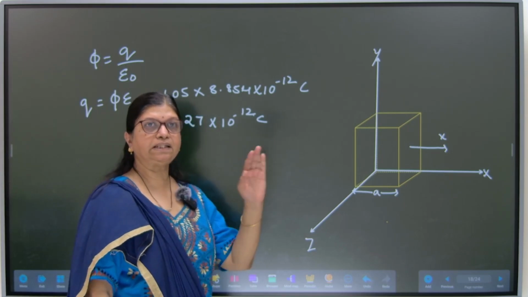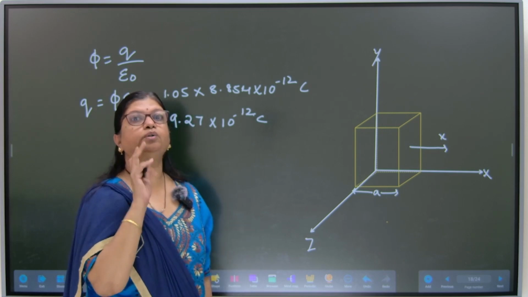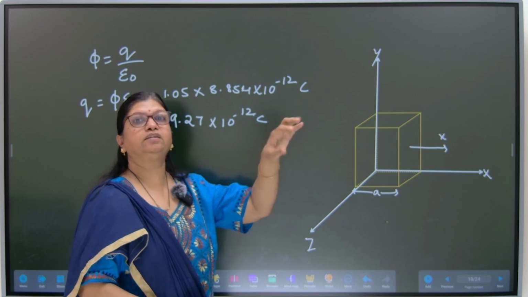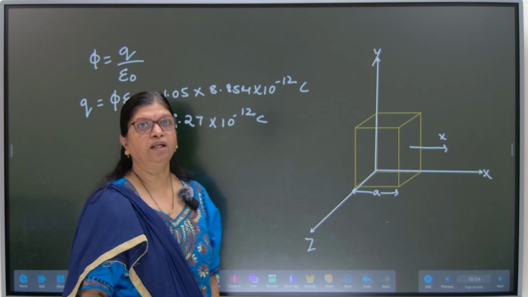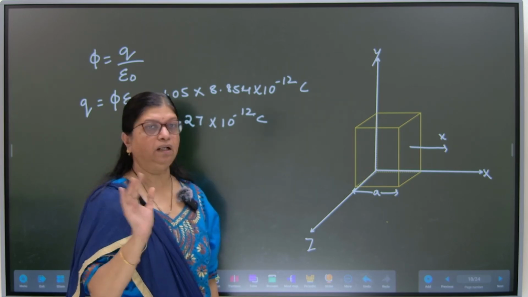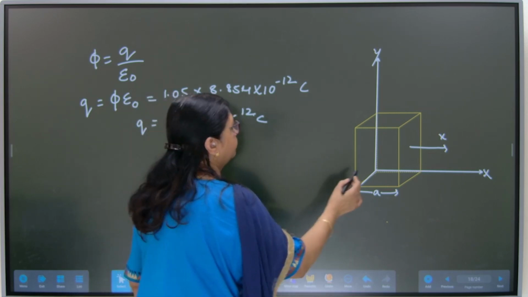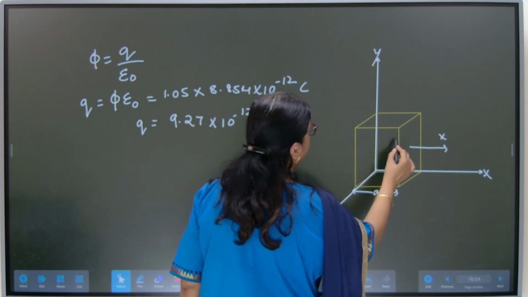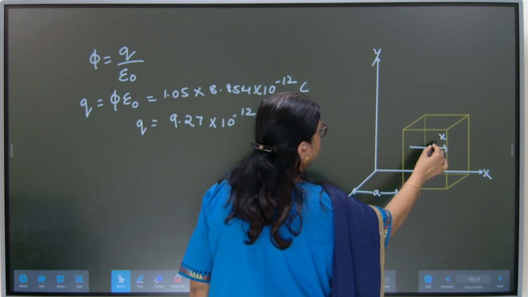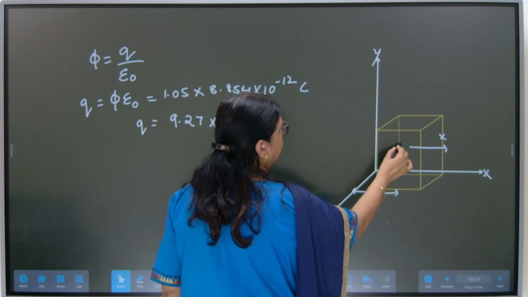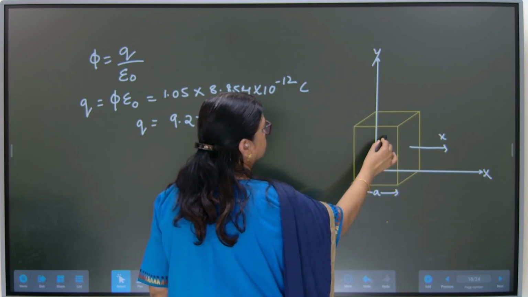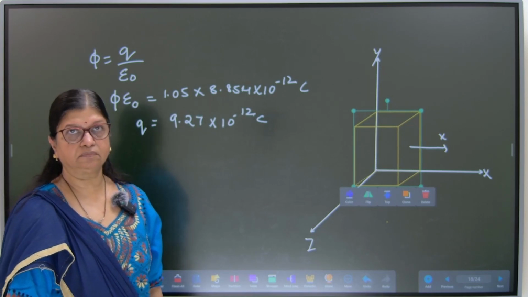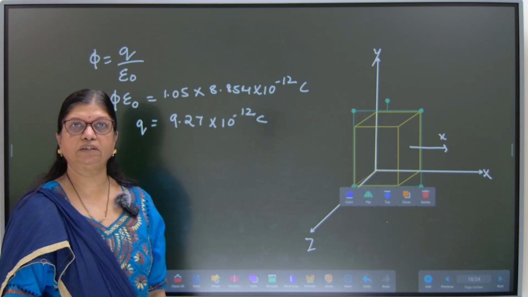The same kind of question can also be asked when this particular cube is placed at the origin. Going back to the same numerical, instead of the cube placed here in the previous question, now it is placed here at the origin. So what will be the situation?